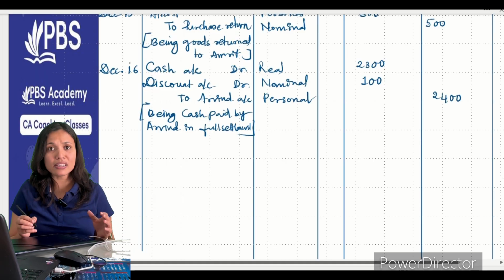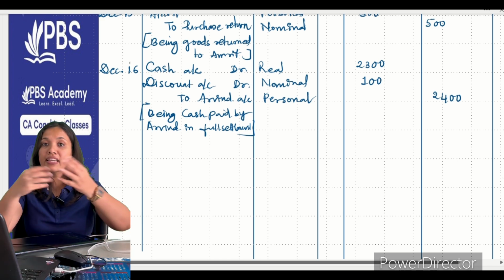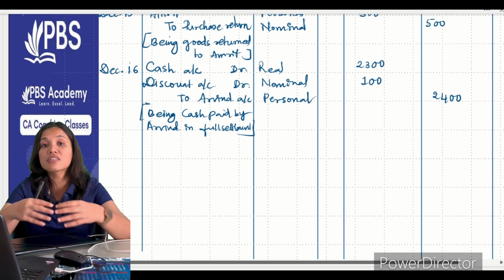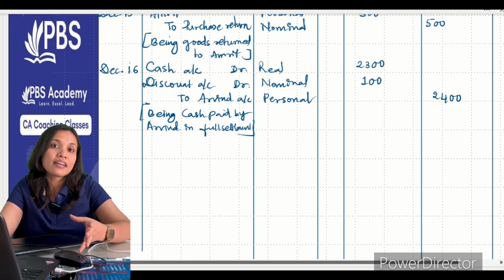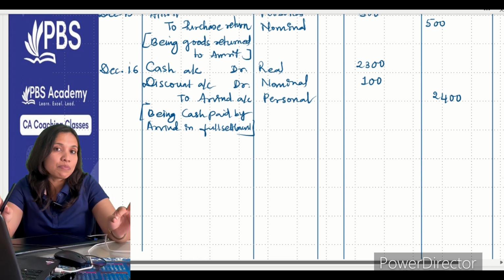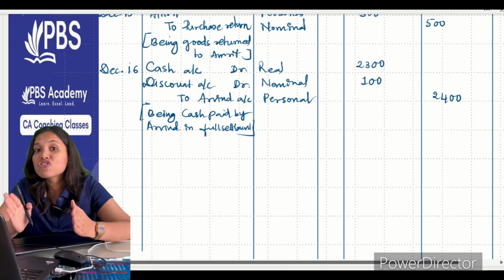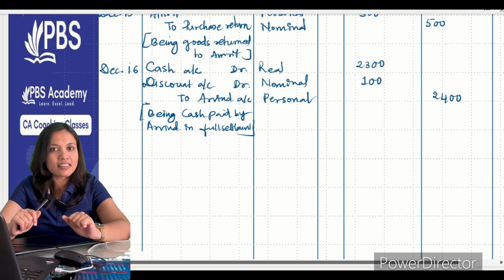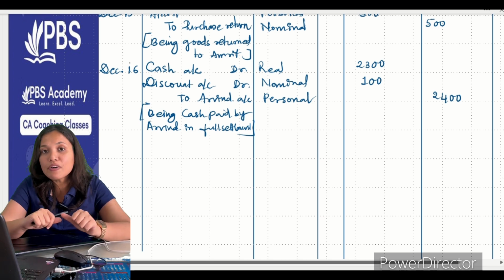Please remember, whenever goods are taken for any purpose, goods given as free samples, goods taken for personal use, goods lost in fire, goods given instead of salary, whenever goods come, which account must be credited? Purchase account is credited. Clear?